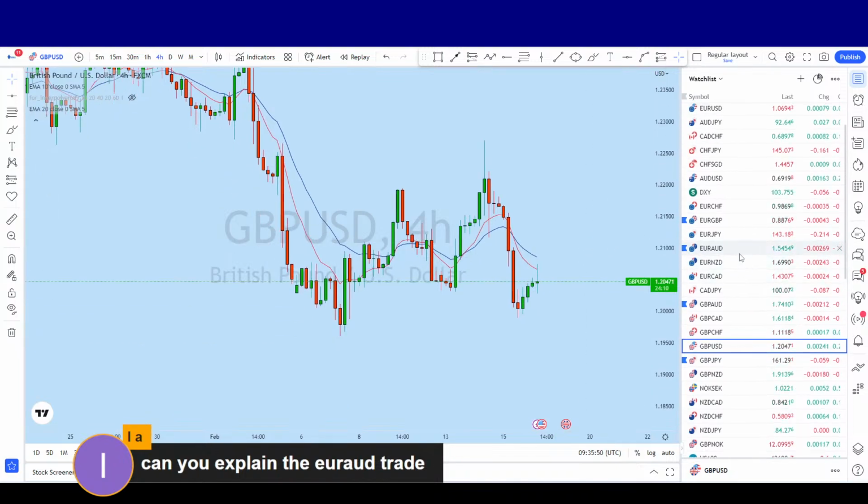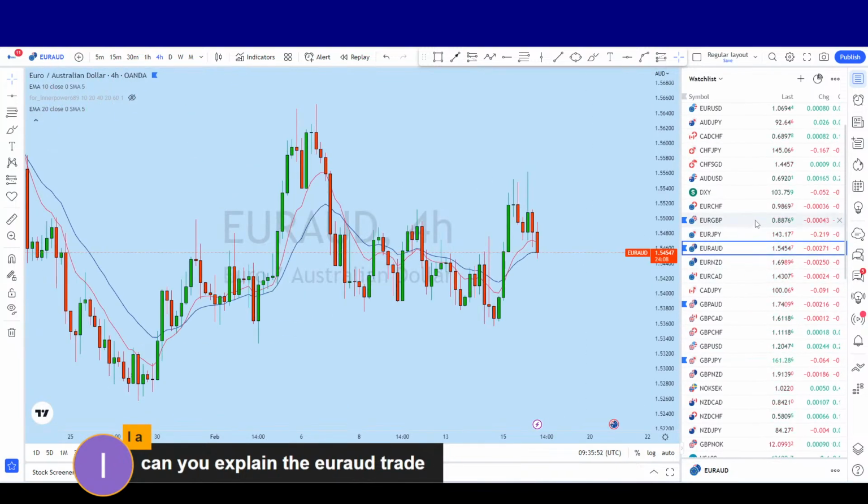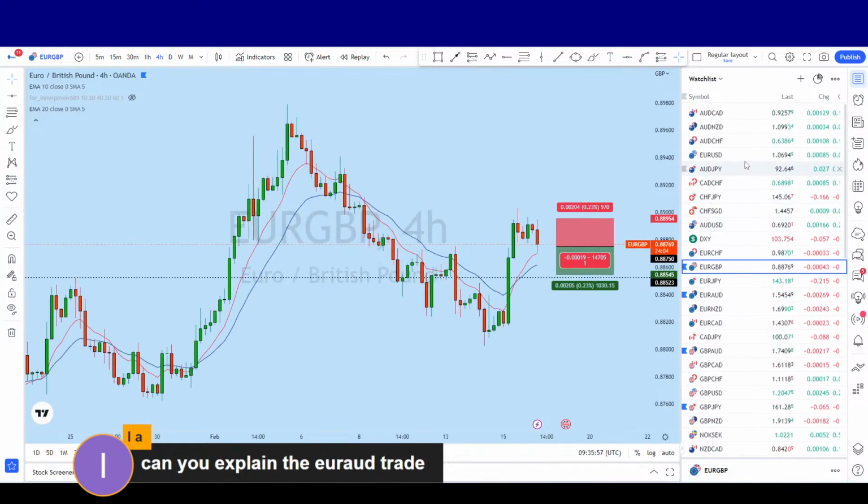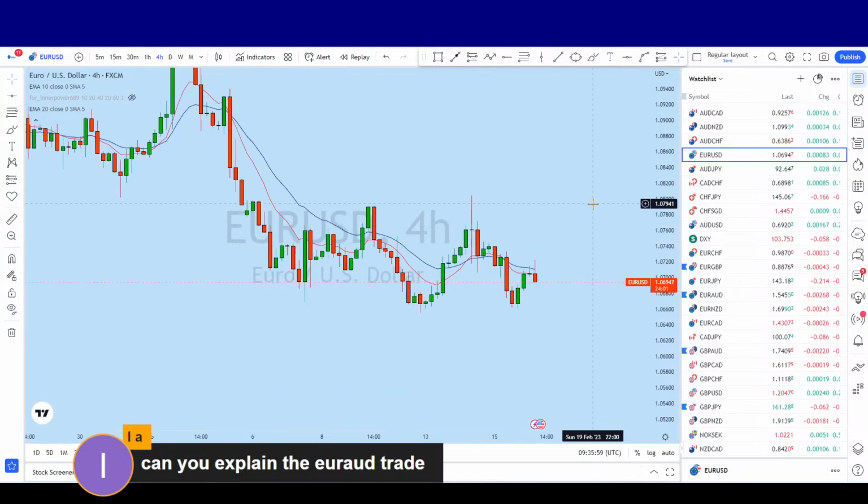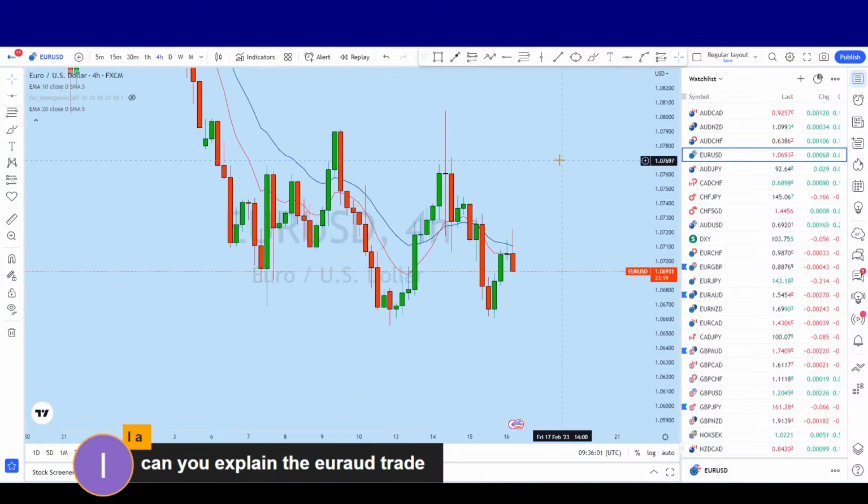So you see euro dollar is also getting very strongly bearish. This is euro dollar.